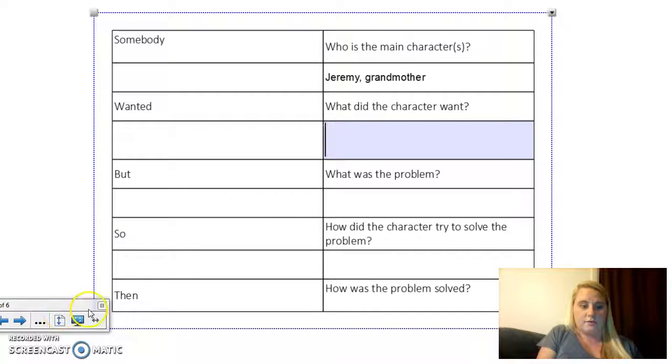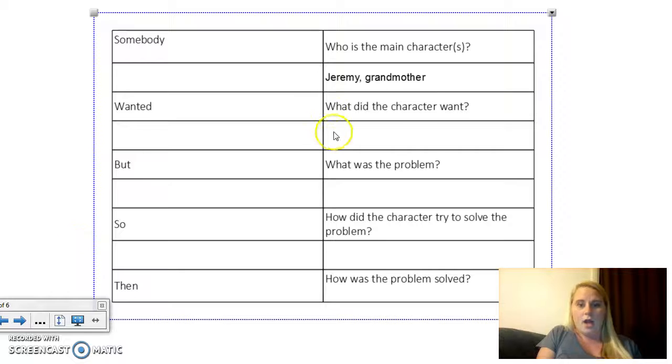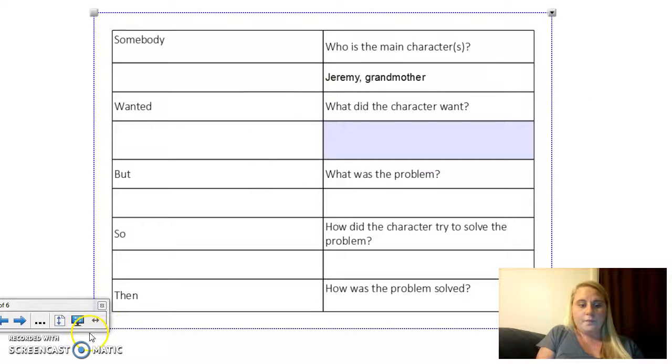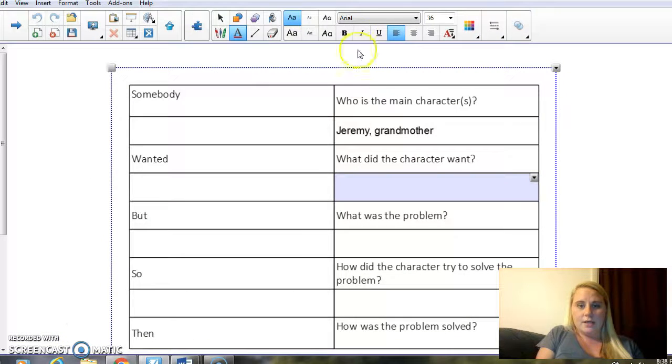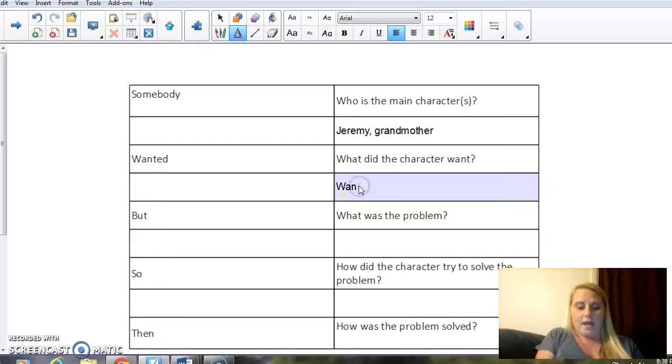So let me change the font for that really quick. He really wanted the shoes, the black striped shoes that were in the book, and he would do anything about it. The beginning said he dreamed about these shoes. So he wanted the black striped shoes.